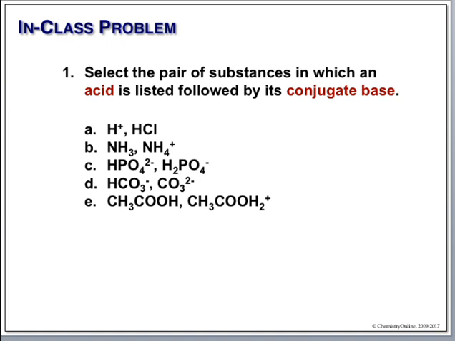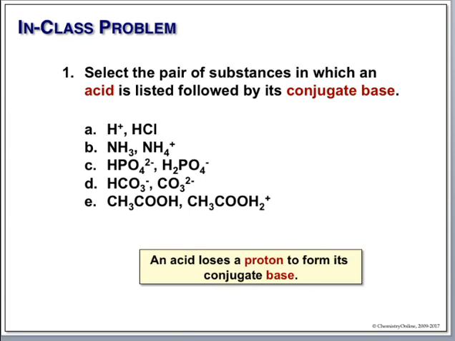Now remember, what do we know about conjugate acid-base pairs? The acid will lose a proton. That's all it loses. And it forms the base. So that means everything else has to be the same except for the missing proton.